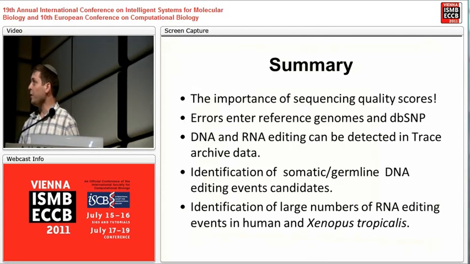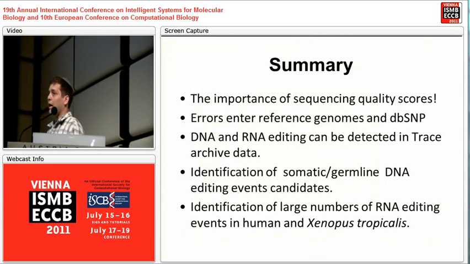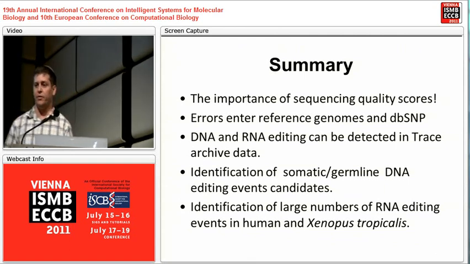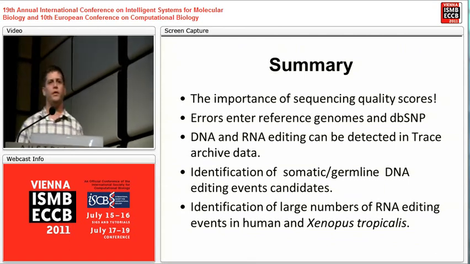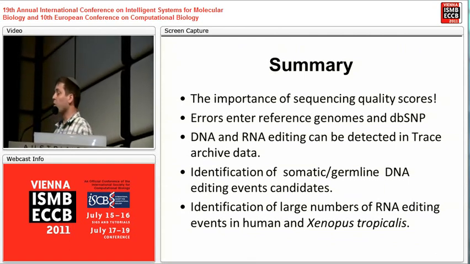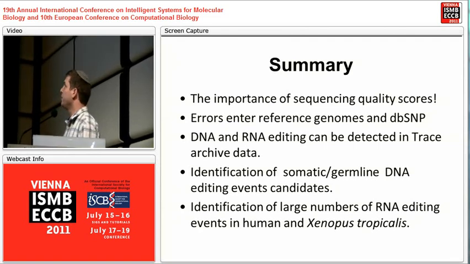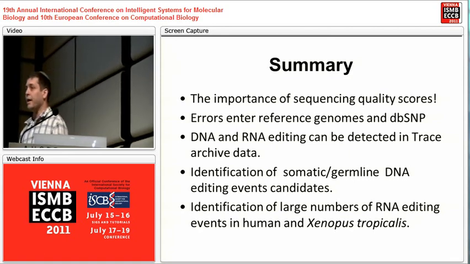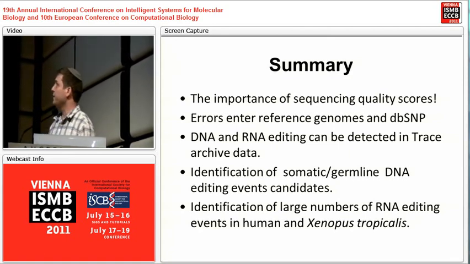I want to end by saying that I hope I convinced you that quality score is very important, and that errors in sequencing probably enter the genome reference, dbSNP and several other resources. But DNA and RNA editing events can be detected in the trace archive data.